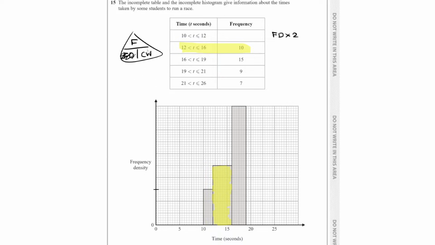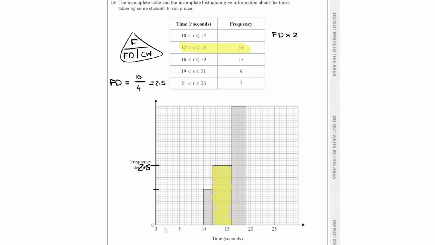So you can see if I cross that out, frequency density is frequency divided by class width. So frequency density is frequency, so that would be 10, divided by class width, which you can see is 4, which is the same as saying 2.5. So you see how this is 2.5.